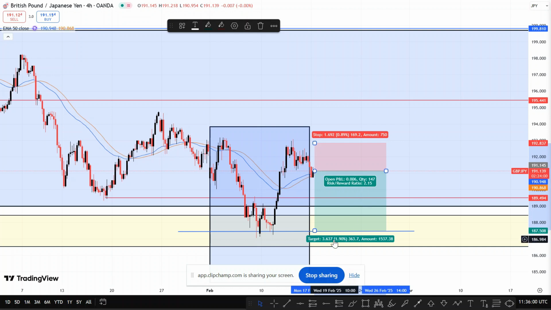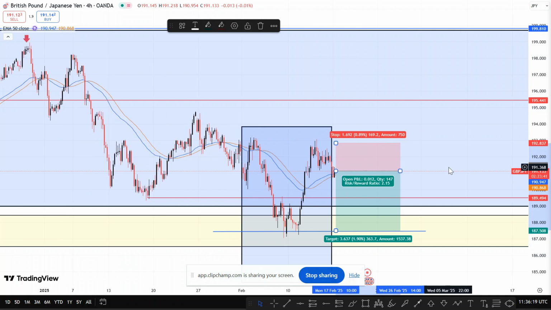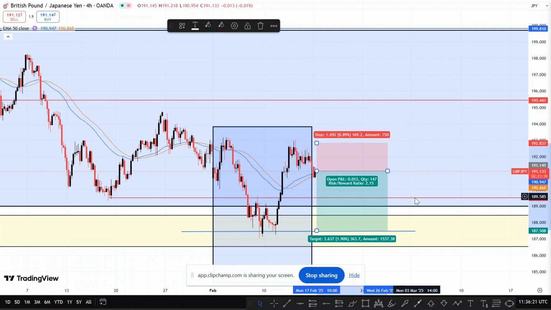The target is this. You're targeting how many percent? Almost 300 something, which is double of what you are risking. If your risk to reward ratio is not 1:2, 1:3, don't enter into that trade.